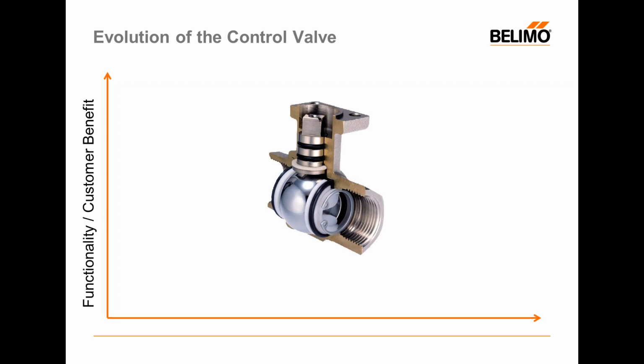We just as easily could have put a picture of a globe valve in here, also considered a position control valve. The reason we call them position control valves is that the control signal drives the actuator, but it is only driving the position of, in this case, the rotating stem. So if I give it a 50% control signal, it's going to rotate the stem 50% of the way and create an opening through which the water needs to pass.